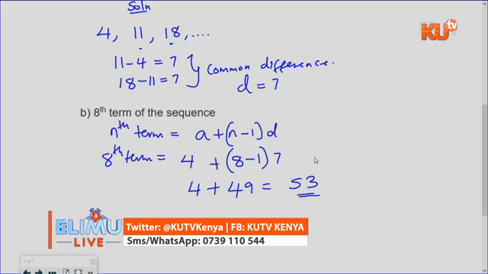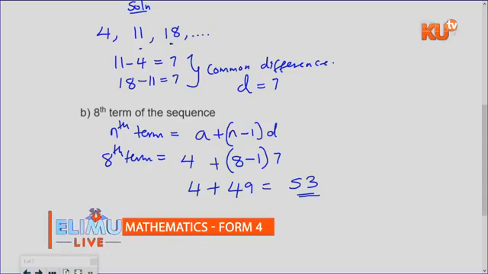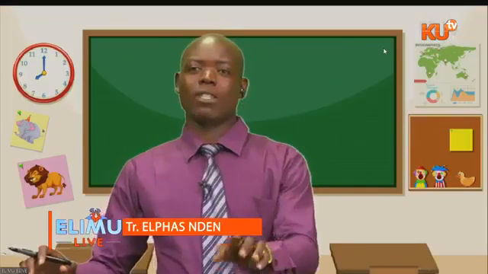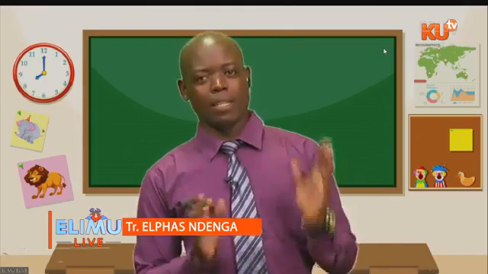Someone else could have done it the manual way, by adding 7 all through, and you will still get the 8th term. But you will have taken much more time than when you substitute in the formula and work it directly, as we've done in this example. Again, if someone asks you in the same sequence to determine the 20th term, it means the same thing.